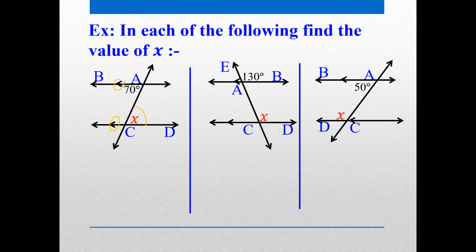We say that if we have two parallel straight lines and a transversal cuts them, then the alternate angles are equal in measure. Where are the alternate angles? Search for the alternate angles.